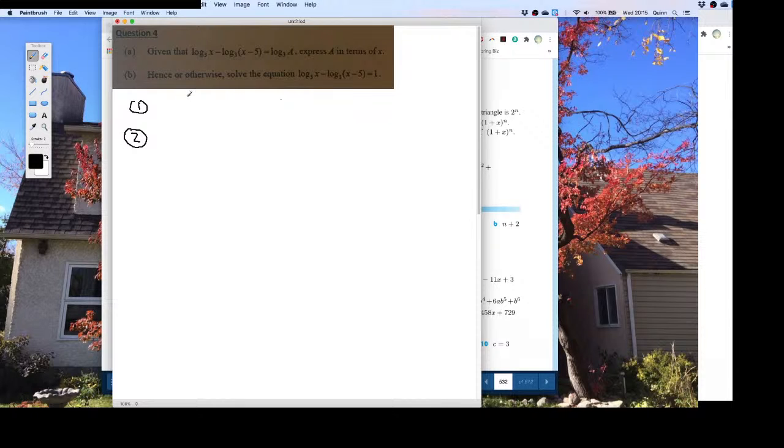Yeah. So for the logs, if you have log A is equal to log B, and you want to solve for something in A and B, it's very simple. The only way these are equal to each other is if you just throw the logs away and you have A equals B. The other way is if you have something like log A is equal to some number here.